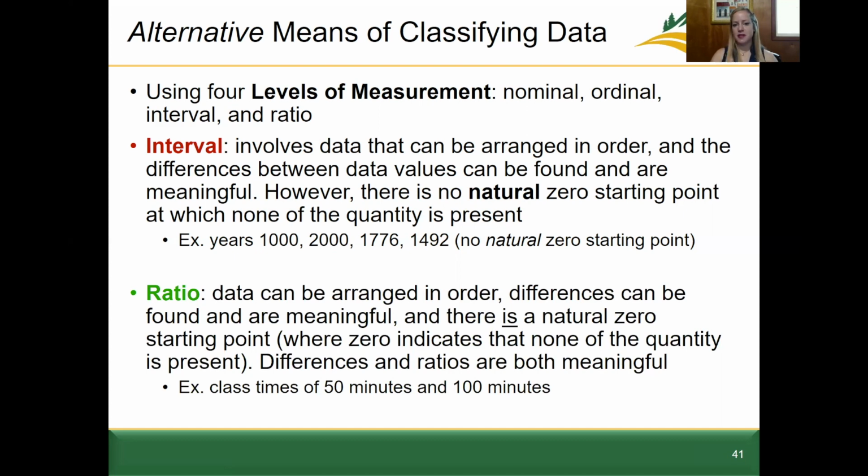So data can be arranged in order. The differences can be found and they are meaningful. The 100-minute class is 50 more minutes than the 50-minute class. There is a natural starting point, right? At 0, we have no class at all. So 0 indicates that none of the quantity is present. Okay, so those are the four different levels.